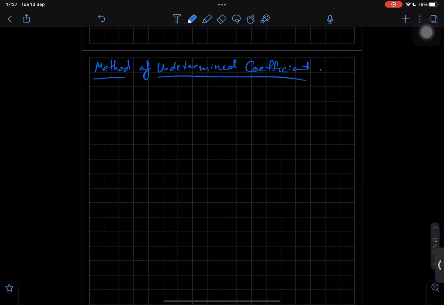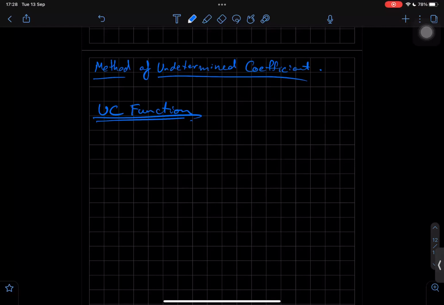For using the method of undetermined coefficients, you need to know what the undetermined coefficient function, the UC function, is first. This is very important for this method.